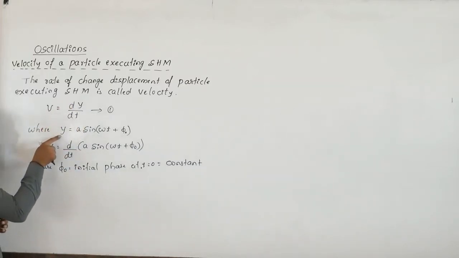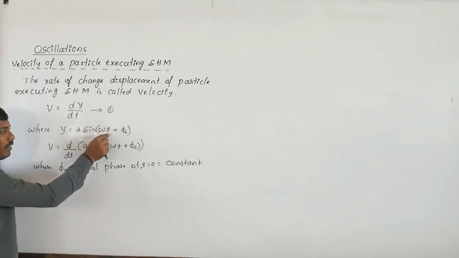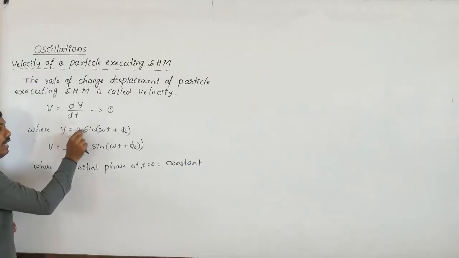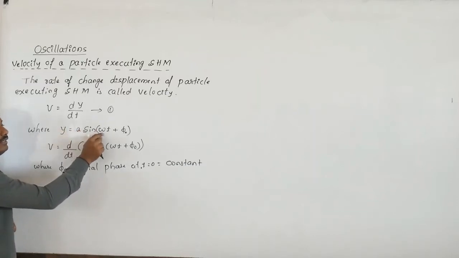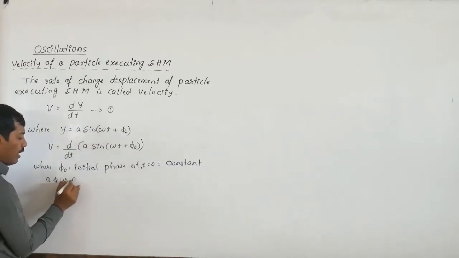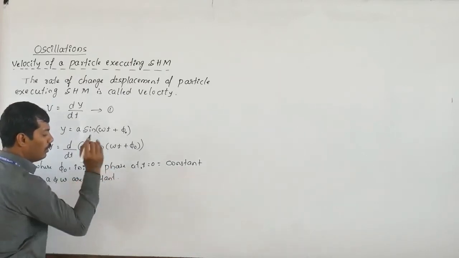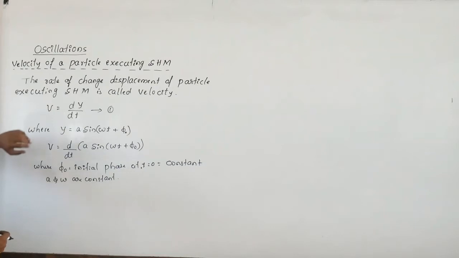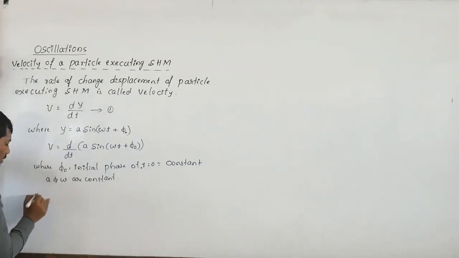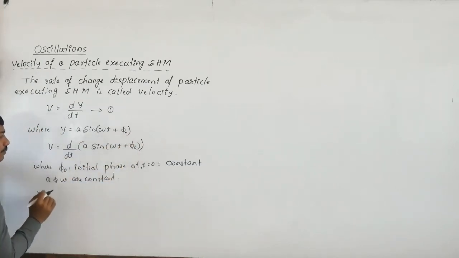Here the displacement depends only on time t, because A is an amplitude and omega is angular frequency, both constants. Now velocity from equation number 1 becomes the differentiation of this whole equation.